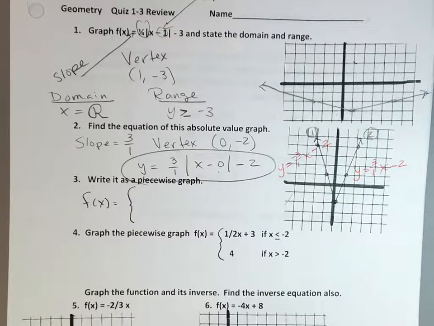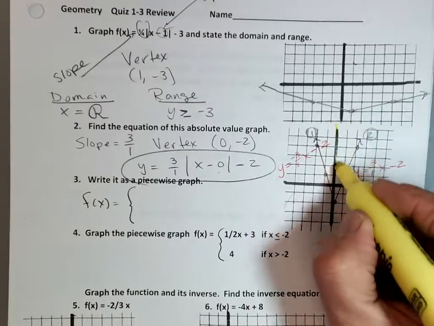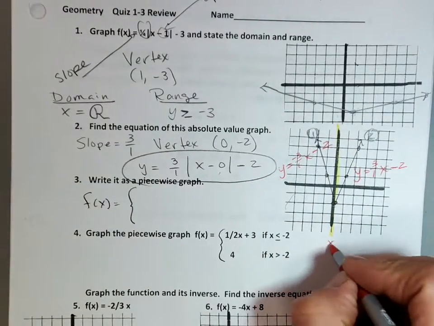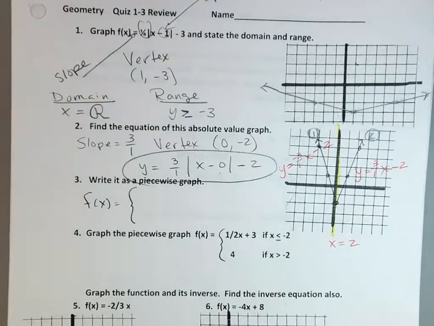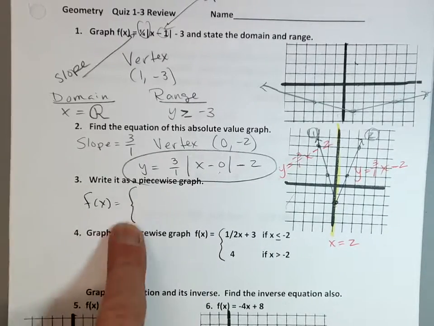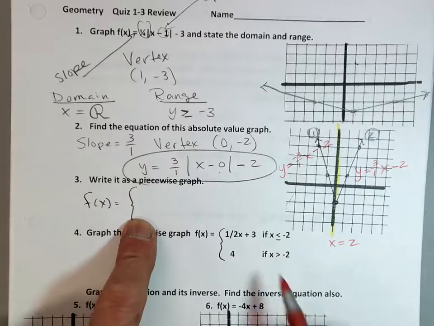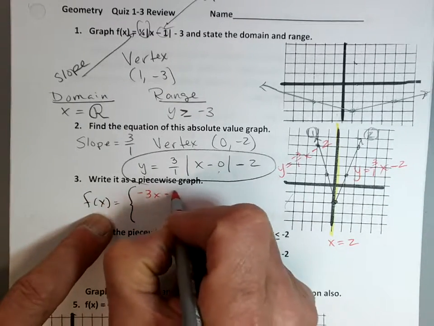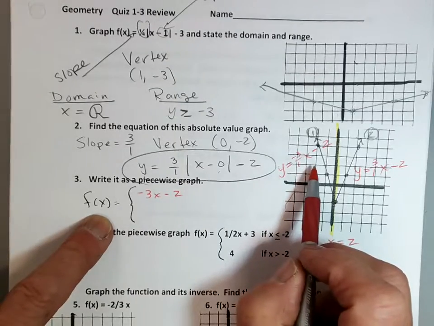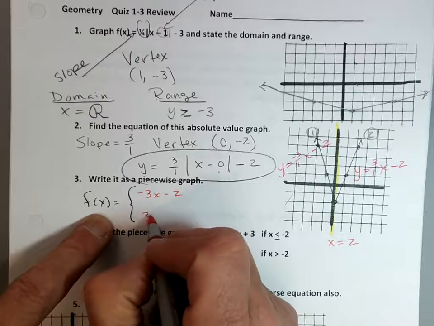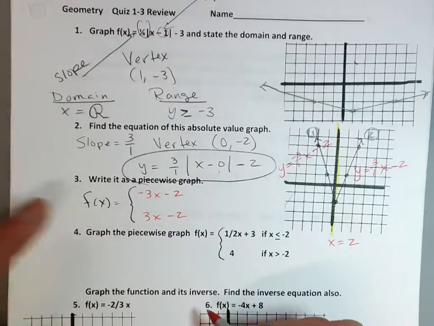They're connected right at x equals 0. I want to make it look like a piecewise graph. I've got the brace here, f of x equals. I'm going to have negative 3x minus 2, that's my first line, and 3x minus 2, that's my second line.